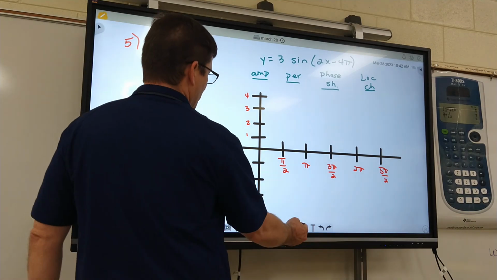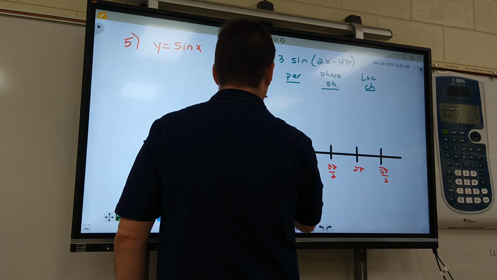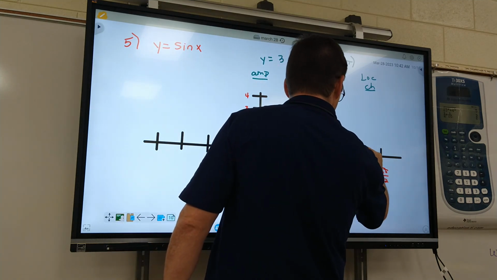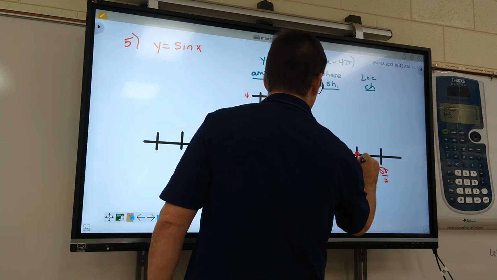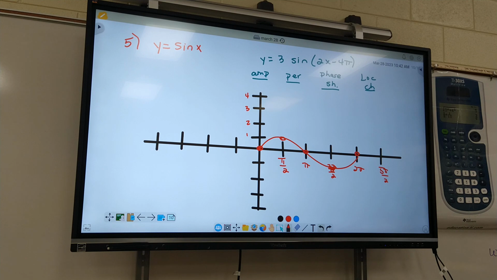All right, so on number 5, we know y'all got to draw your graph of sine, and feel pretty confident that y'all know how to do that. All right, there's your graph of sine. All right, y'all write your 4 answers now for your new problem. You already got them?